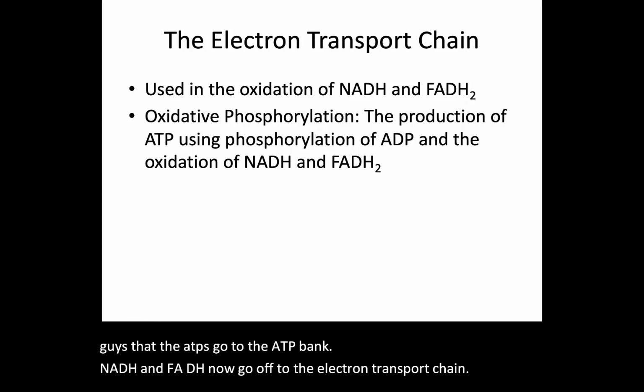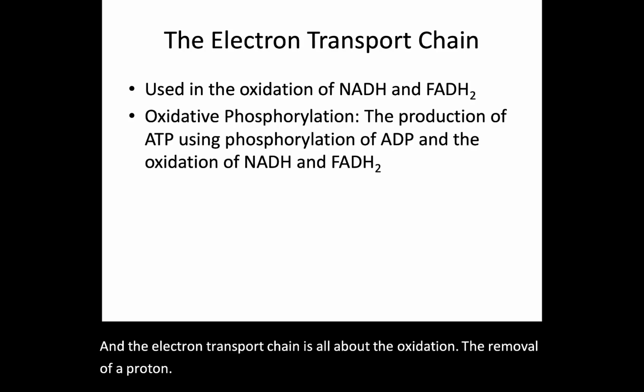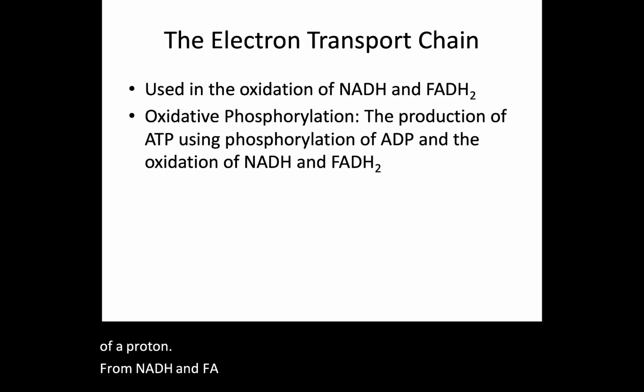And the electron transport chain is all about the oxidation, the removal of a proton from NADH and FADH2. And the H is hydrogen. It's a hydrogen proton. Remember, it's only got 1 proton in it. That's it. It is a proton.